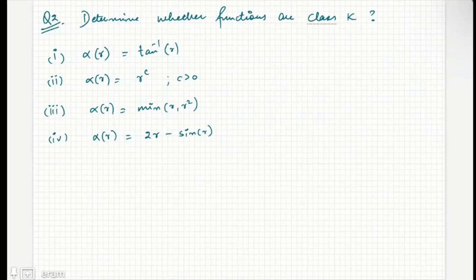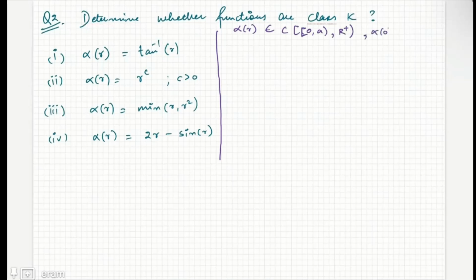Okay, from the definition of class K functions, we know that the function should be continuous over the defined domain, that is a positive domain, say 0 to a. So this alpha r should be a continuous function defined over 0 to a, and it should map to positive real values.